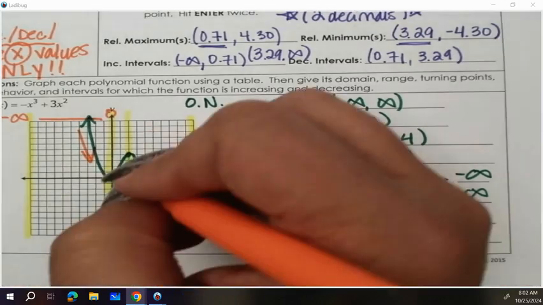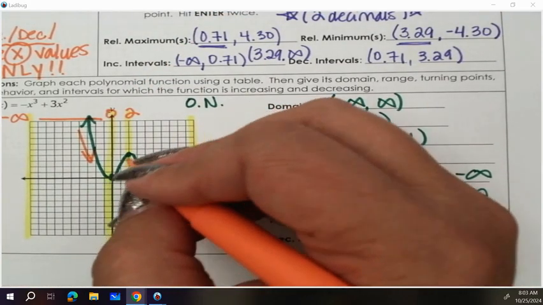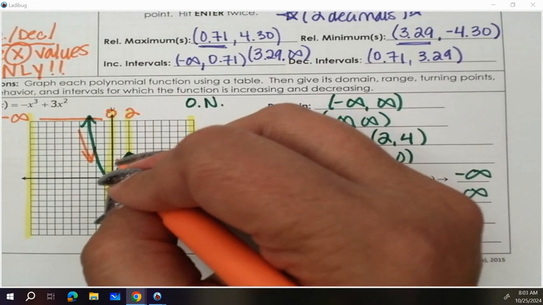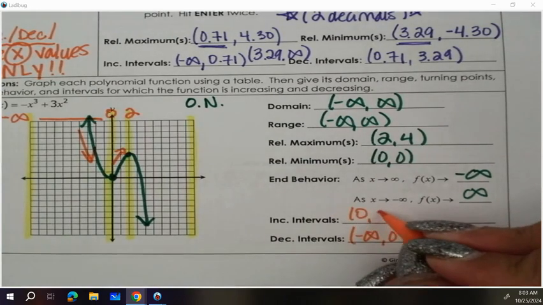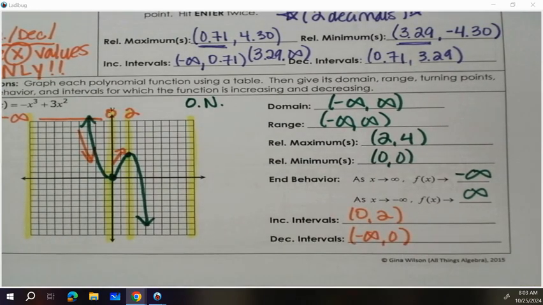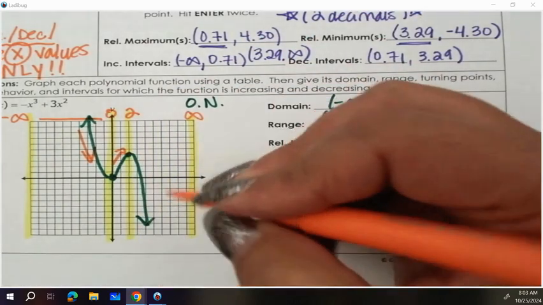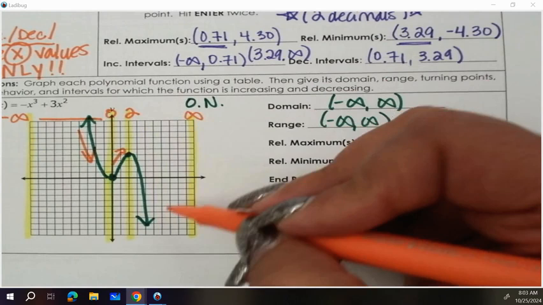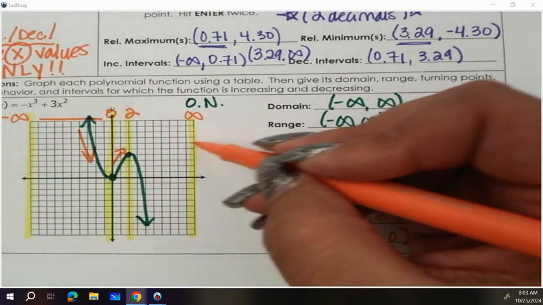And then how about 0 to 2? Remember, I'm only using the x values. I don't care what the y is. I'm only using the x. How about 0 to 2? What's my car doing? Increasing. I'm definitely going uphill. And then this is 2 to positive infinity. It's positive infinity out here, guys. Don't put negative infinity. That's end behavior. That's different. This is actually going out to positive infinity.